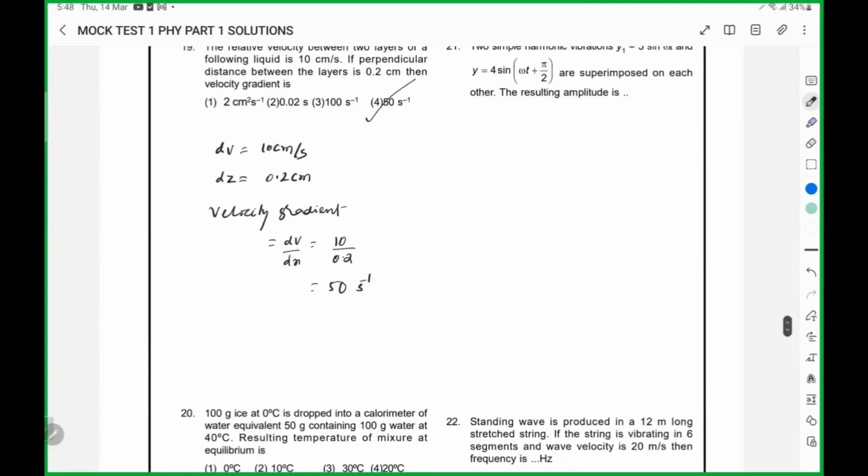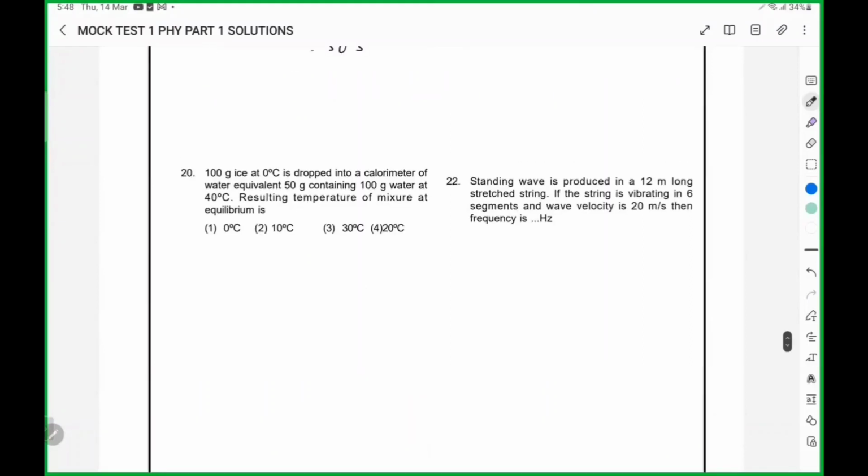Here, 100 grams of ice at 0 degree centigrade is dropped into a calorimeter of water equivalent 50 gram.